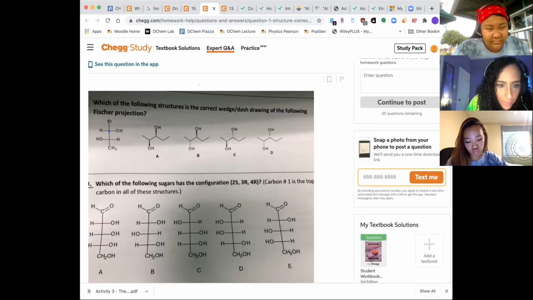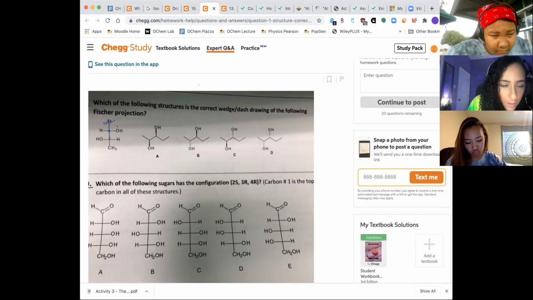This is the first carbon, right? That's connected to a C right there, so this is going to be a carbon bond. And that's an ethanol. So that's going to be C and then H, and there's another H, but I don't feel like we're drawing it.